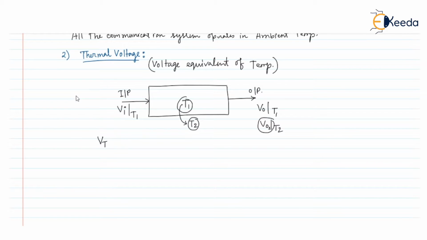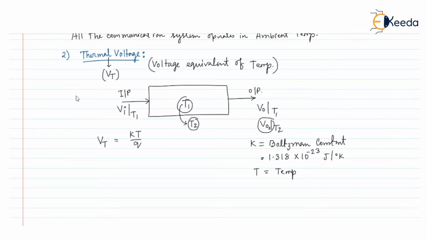That means this thermal voltage is denoted by the term Vt, and this Vt is equal to KT by Q, where K is the Boltzmann constant, given by 1.38 into 10 to the power minus 23 joule per degree Kelvin, and capital T is the temperature, and Q is the electronic charge.